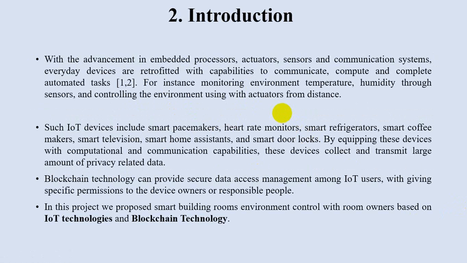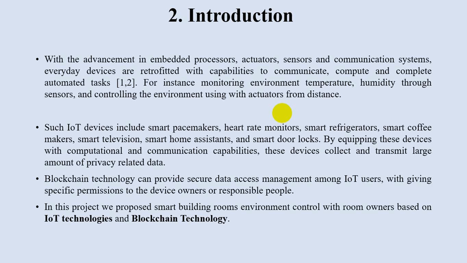As we can say, IoT devices include smart pacemakers, heart rate monitors, smart refrigerators, smart coffee makers, smart televisions, smart home assistants, smart door locks, and so on. By equipping these devices with computational and communication capabilities, they can collect and transmit large amounts of data, and the main issue is privacy and security.